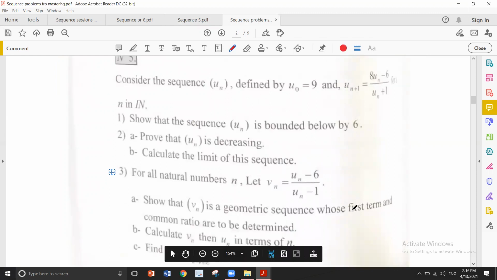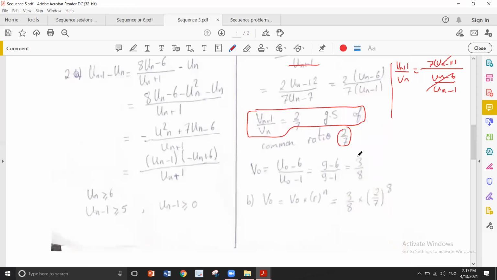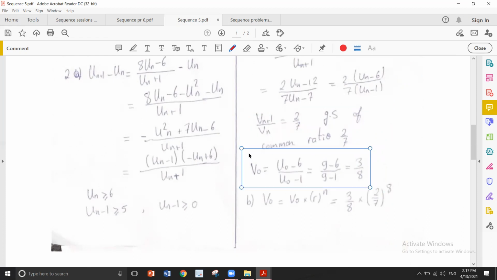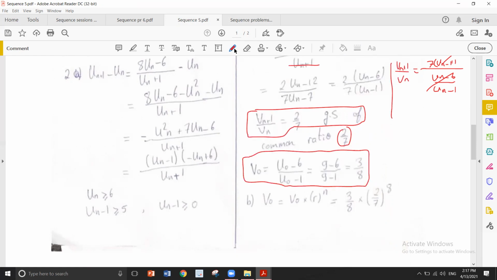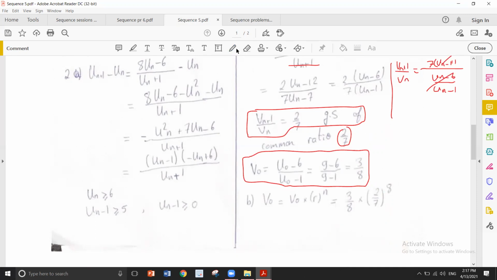U0 is 9, so 9 minus 6 over 9 minus 1, we get 3 over 8. So V0 is 3 over 8. Any questions?